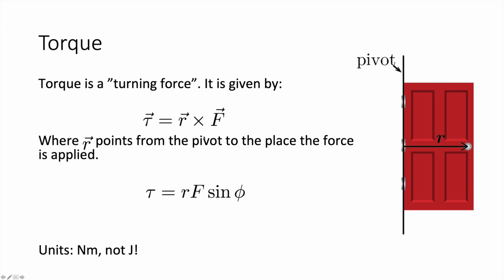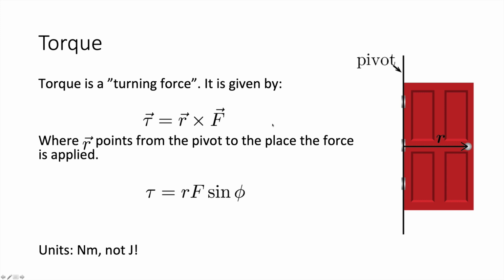The equation for torque is tau, our symbol for torque, equals r cross F. Here r is the vector pointing from the pivot point to the place where the force is applied. With our door, it's pivoted about the hinges and we're applying the force on the handle, so r is this vector here.